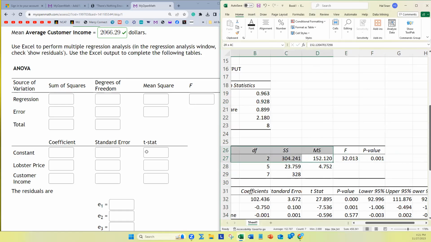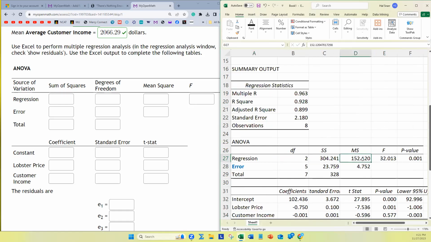The mean square due to regression is just the sum of squares regression divided by the degrees of freedom. The mean square error is just the sum of squares error divided by degrees of freedom. The sum of squares regression divided by the total sum of squares, that ratio is the R square, and it's pretty high in this example, right?